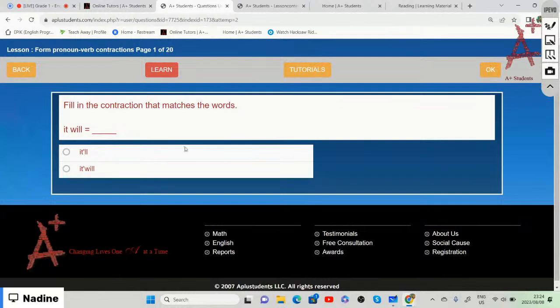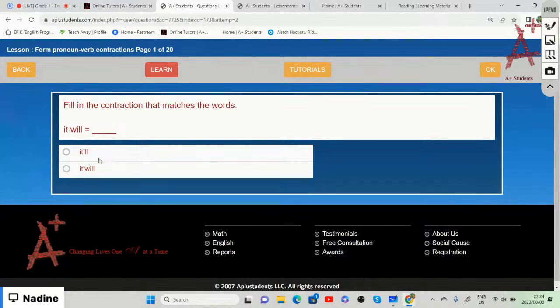The contraction is like a short form of the two words. So it will. Is it it'll, or is it it apostrophe will?